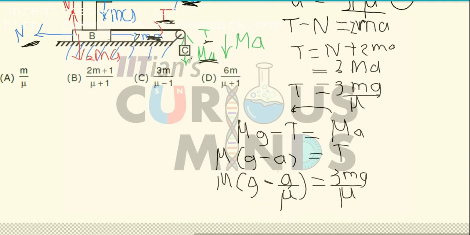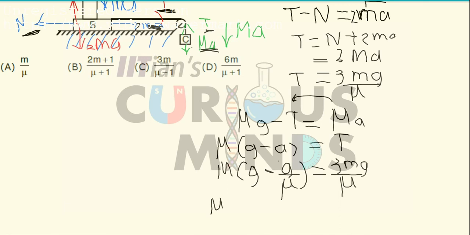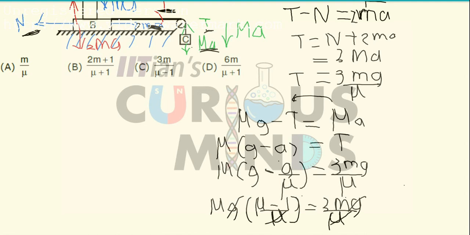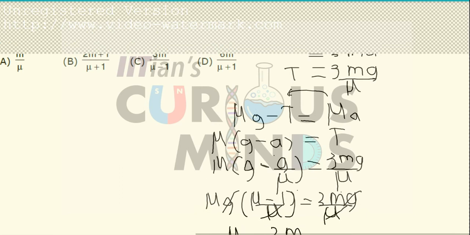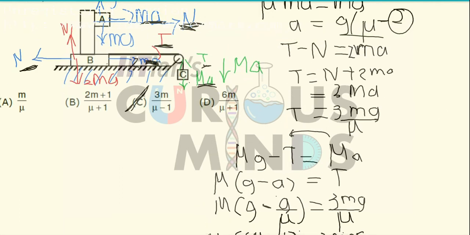So now over here if I take g common, it will be M g times mu minus 1 divided by mu, equal to 3mg divided by mu. So now g and g will get cancelled out, mu and mu will get cancelled out. So the final answer for M will be equal to 3 small m divided by mu minus 1, which is equal to option number C.